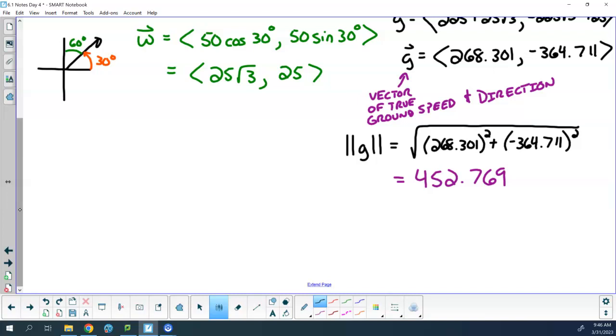Now, is that going to be my actual direction angle, or is that going to be a reference angle? Why is it going to be a reference angle?